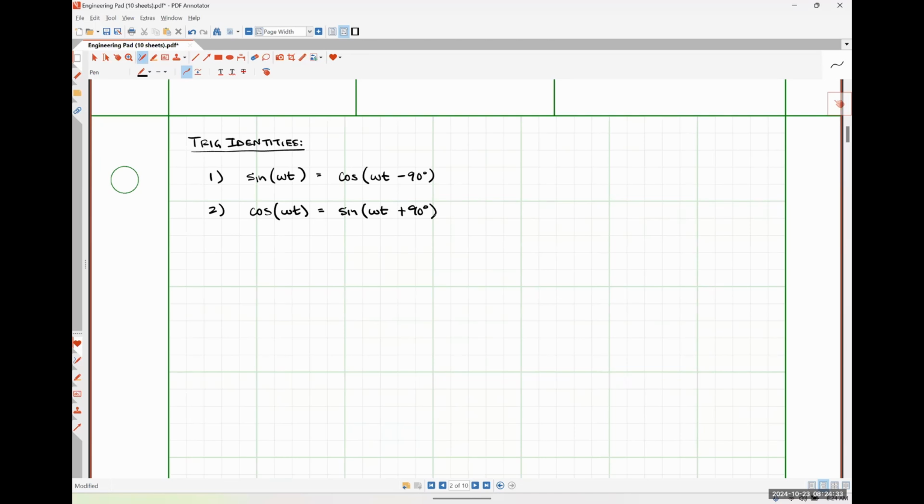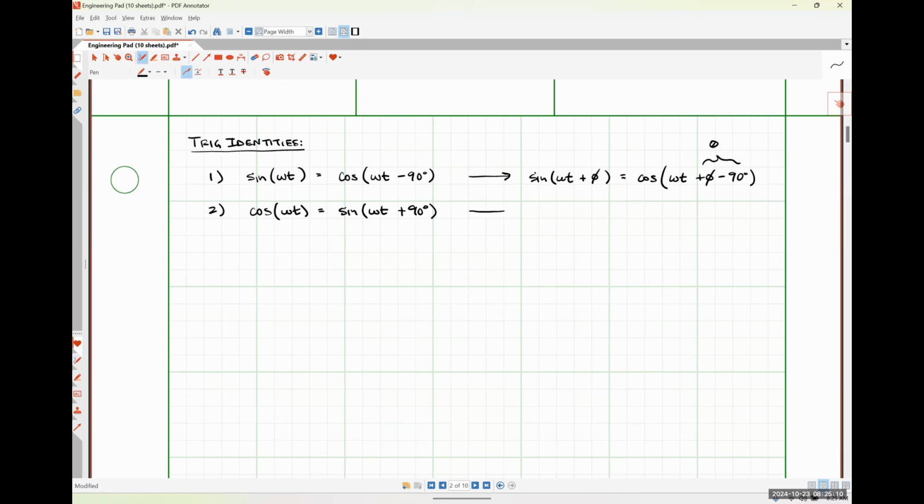Let me go a step further here. That's our simplified version. So we could then say that sine of omega t plus some phase angle phi is going to be cosine of omega t plus phi minus 90 degrees, where this phi minus 90 degrees is theta, the phase angle of the cosine function.